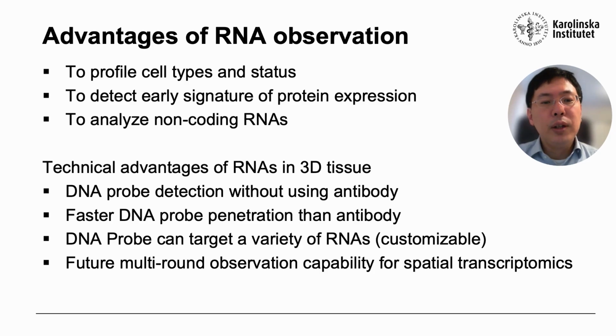Moreover, DNA probes are removable, enabling multi-round imaging of different targets in the same sample. Although RNA imaging in 2D sections is well established, extending this approach to large intact 3D tissue has remained challenging, mainly due to technical limitations that haven't been fully addressed until now.